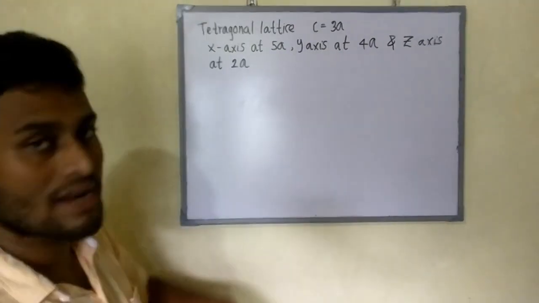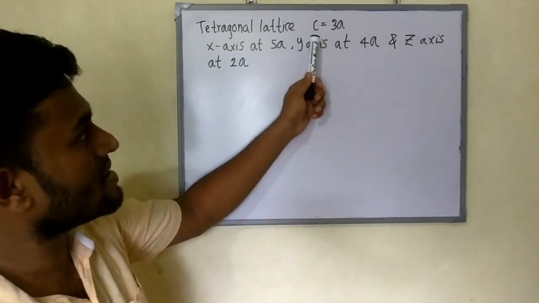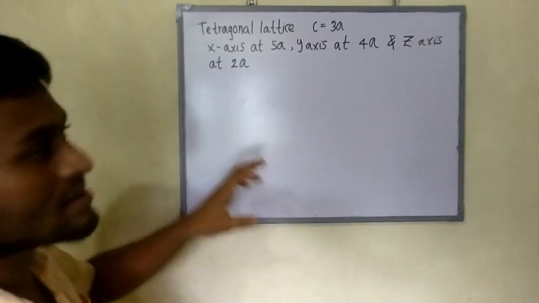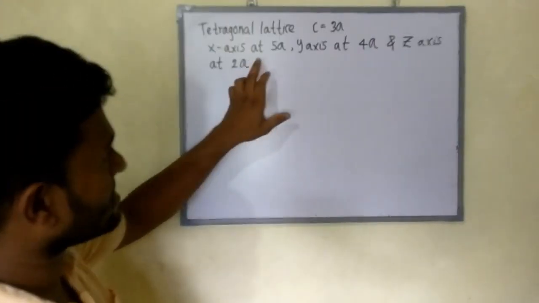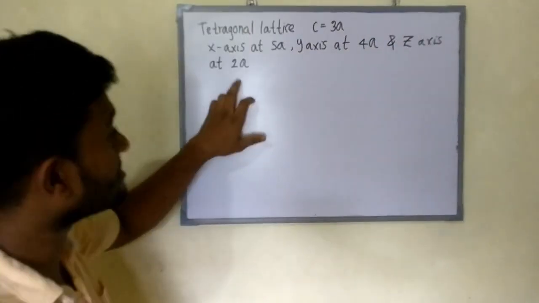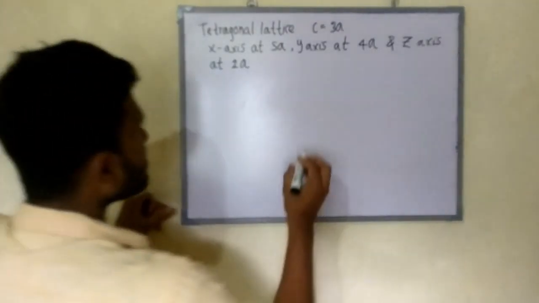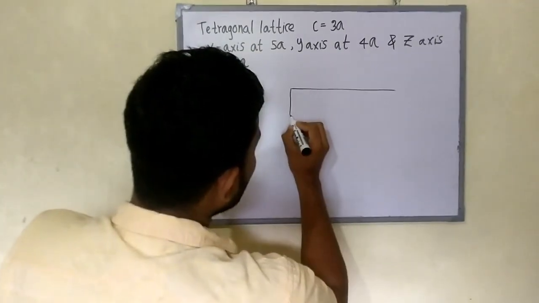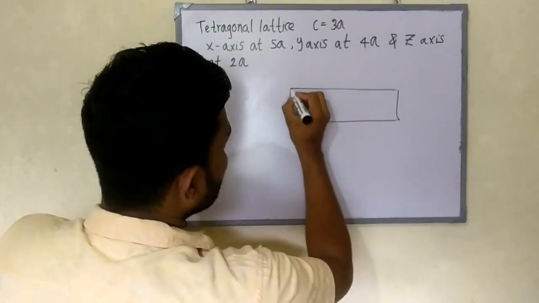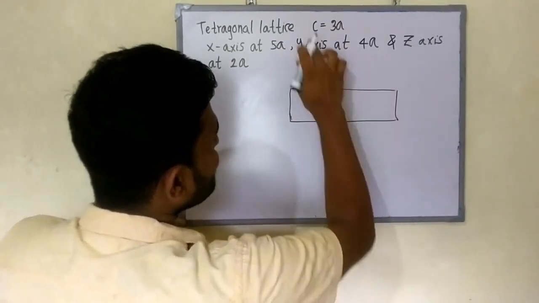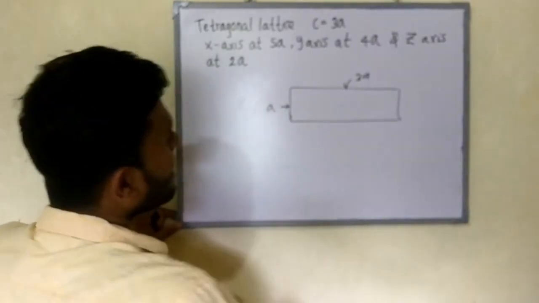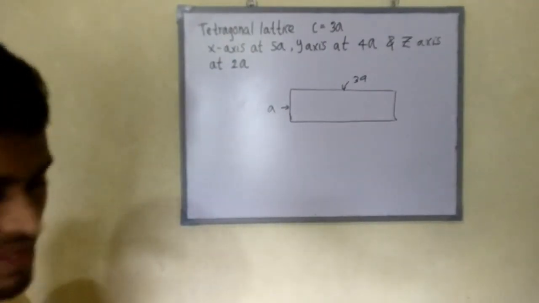In this tetragonal lattice, they have given c equals 3a, and the other two lengths are the same, and a particular plane cuts the x-axis at 5a, the y-axis at 4a, and the z-axis at 2a. So the only difference is that here the crystal is made up of rectangles. If I take this length as c, this has 3a and this has the length a. So likewise we can think.